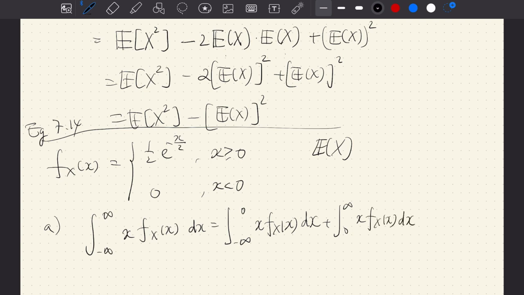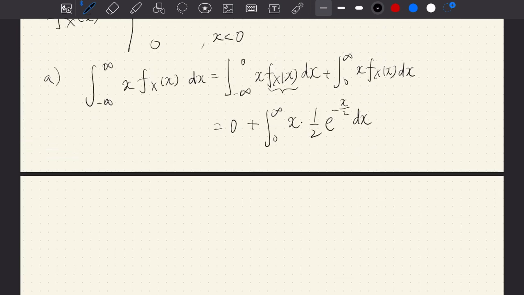For the first one, because f_X(x) is 0 when x is negative, the integrand is 0, so this whole integral goes to 0. For the second integral, we plug in the expression for the probability density function when x is greater than or equal to 0, which is 1/2 times e^(-x/2).